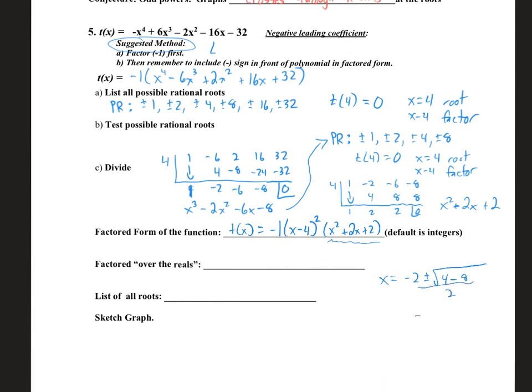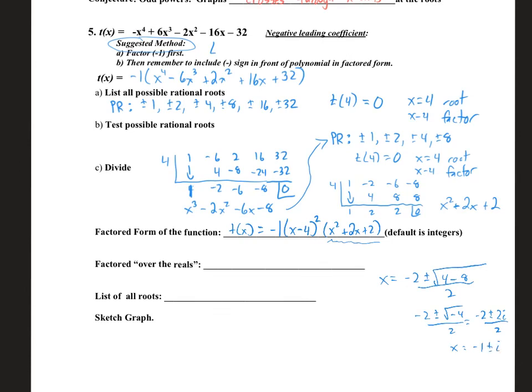So I'm going to get -2 plus or minus the square root of -4 over 2, which is going to be -2 plus or minus the square root of -4 is 2 times i, over 2. So I got x equals -1 plus or minus i.